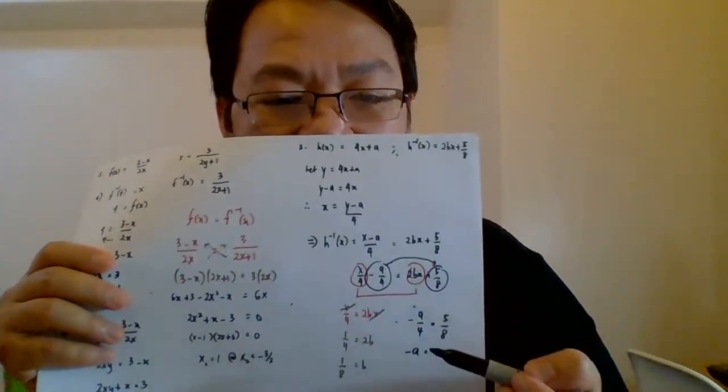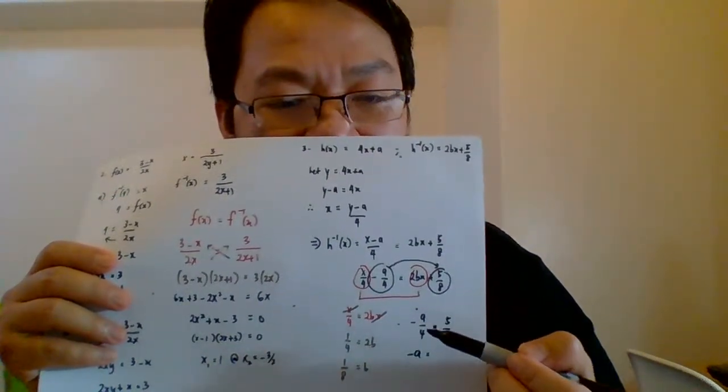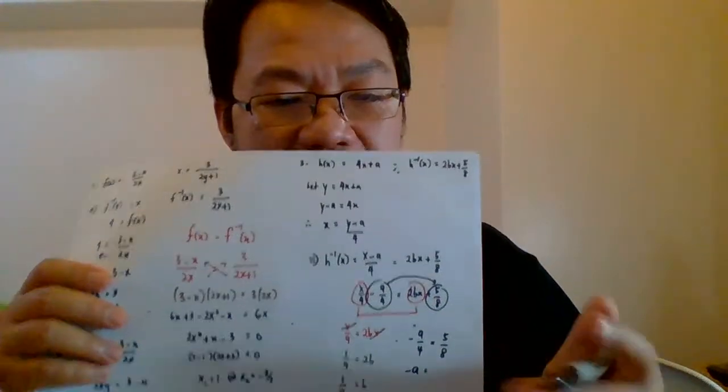I want to find a. So negative, if I move 4 here, it becomes times. So 5 over 8 times 4, we are supposed to get 5 over 2. So our a will be negative 5 over 2. Done.